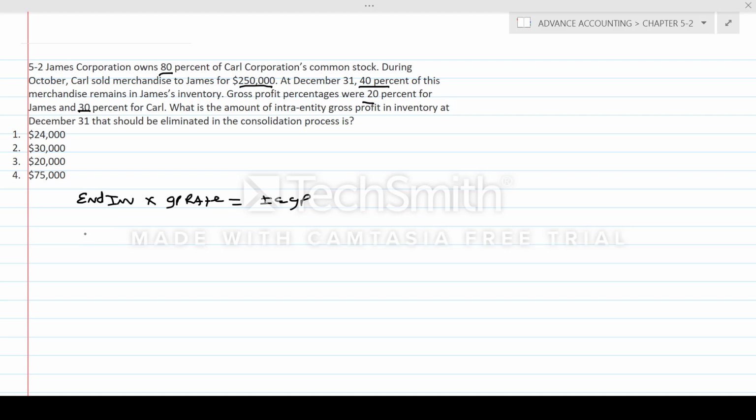And so here our ending inventory can be calculated by taking the $250,000 and multiplying it by the 40% still left, which will give us $100,000.